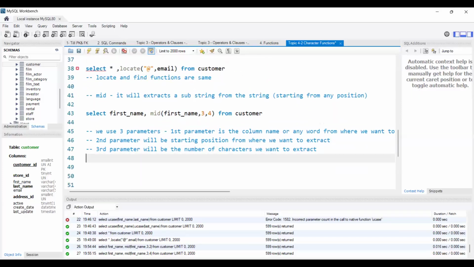And again here, mid and substr will be the same. Whatever we use, the concept will be the same. Okay. See, I can see it extracts a substring from the string, same as mid.